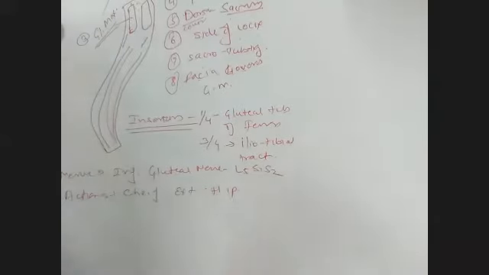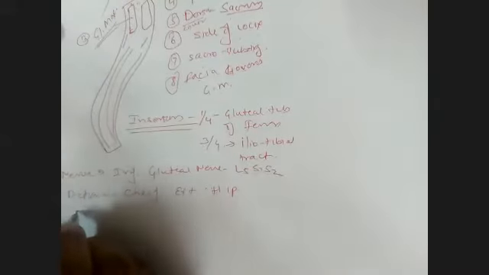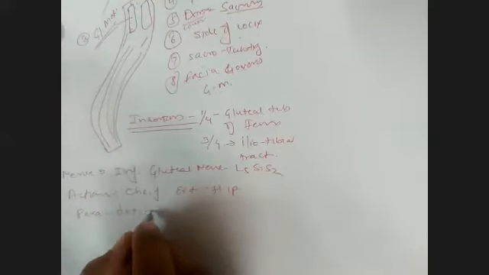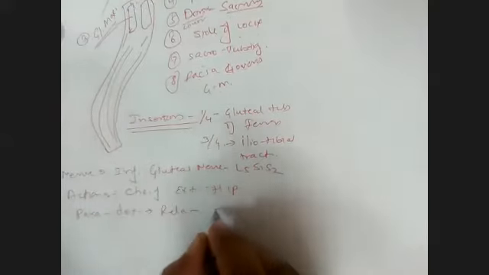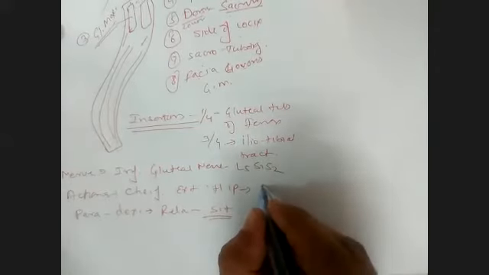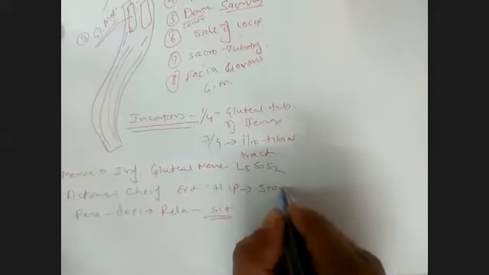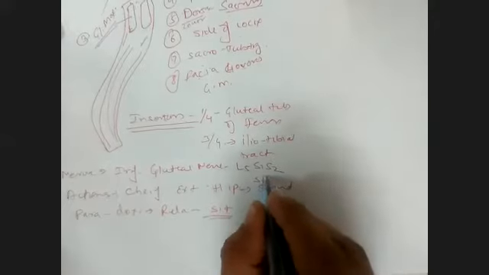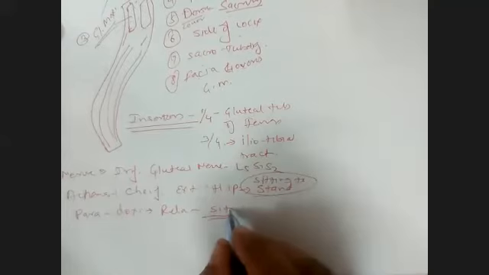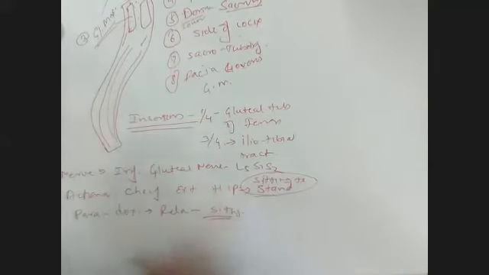Also, by its relaxation it helps us to sit; that is called a paradoxical action. The main action is getting up from sitting to standing, but even in sitting, its controlled relaxation happens.